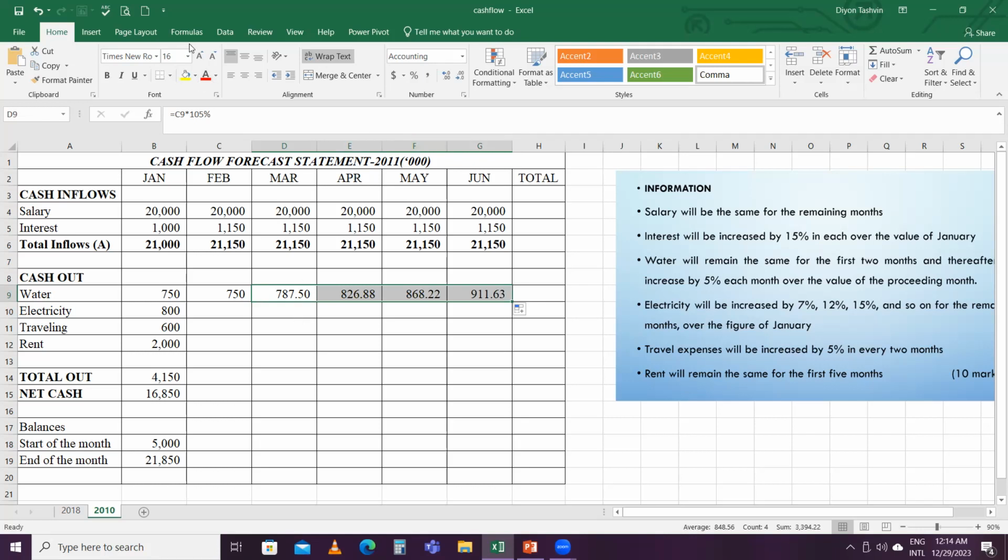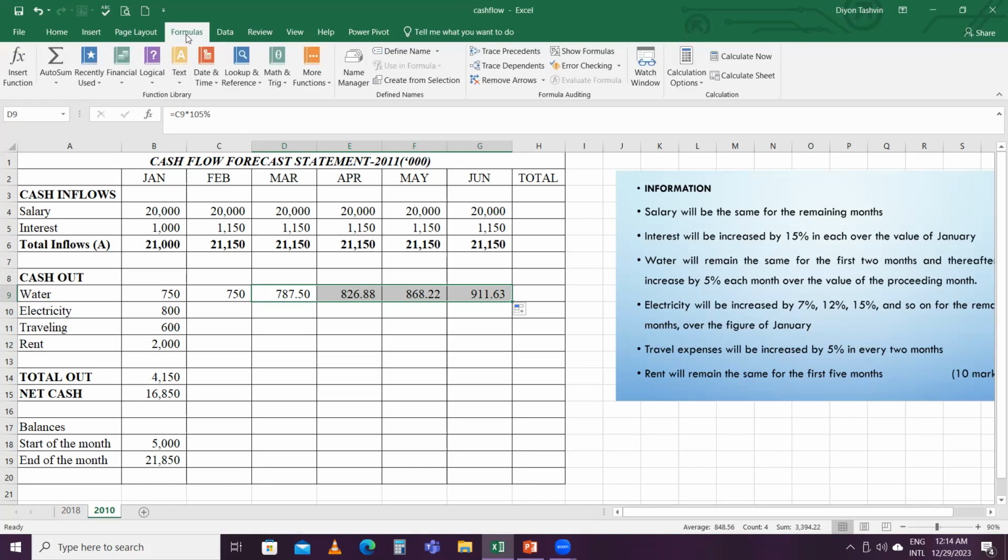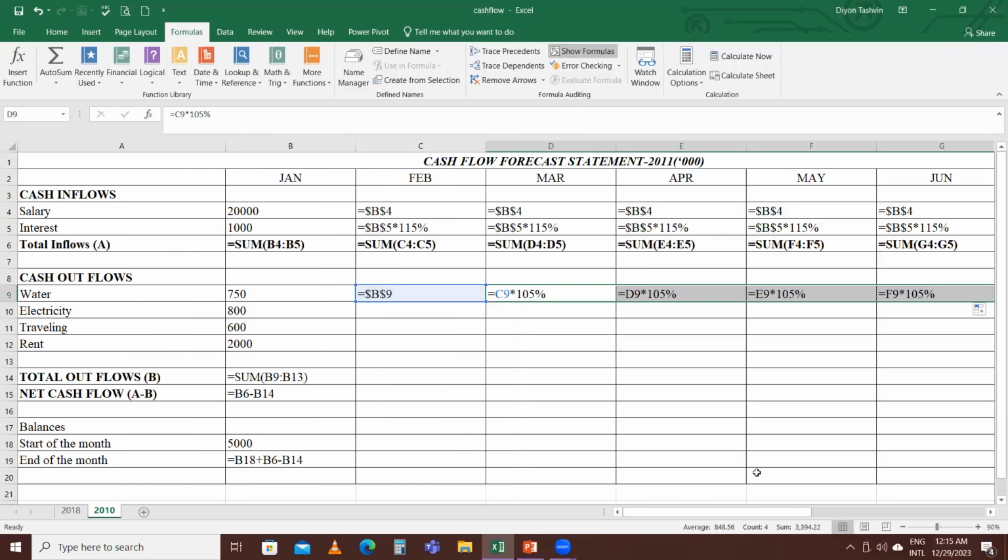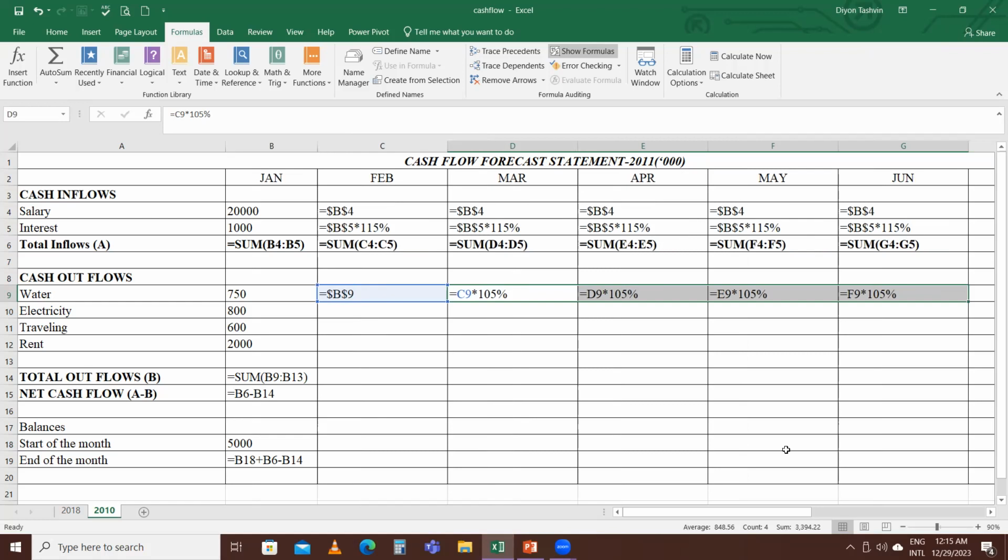So I'm going to show you the formulas now so you can understand in a better manner how we have done this question. Here also, you can use decimal places to multiply.